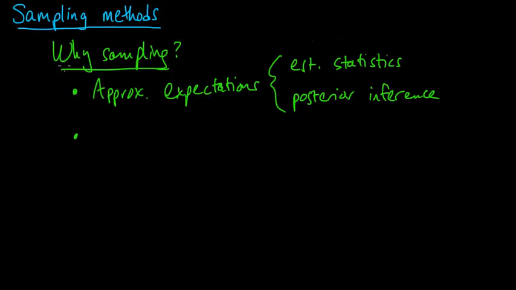The other reason why you might do sampling, or at least one other reason that springs to my mind, is visualization of typical draws from a distribution that you're interested in. This is particularly useful when you have some sort of very complex distribution and complicated things happening.